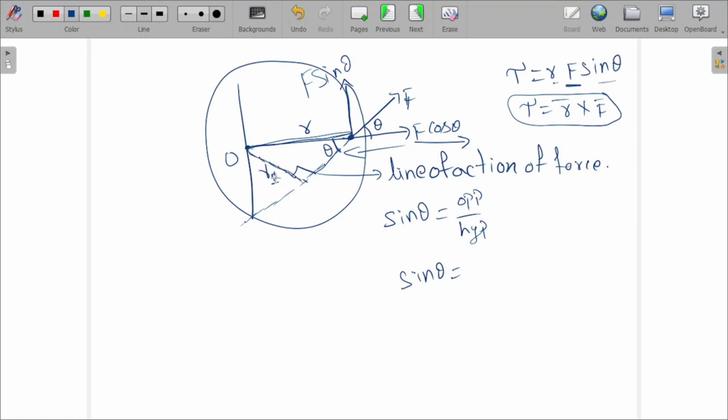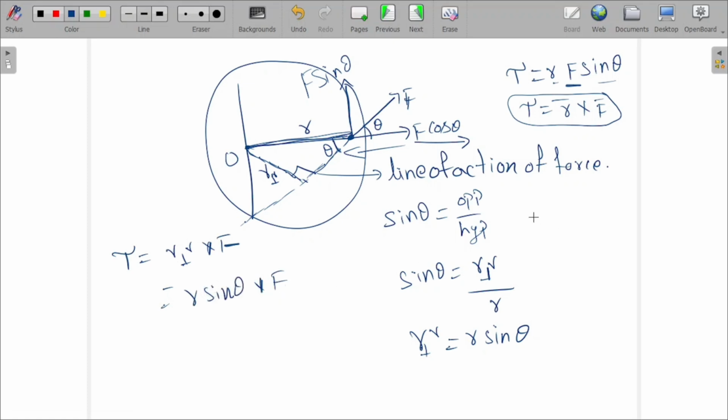What is the opposite side to theta? It is R perpendicular, and the hypotenuse is R. So R perpendicular equals R sine theta. So torque will be written as perpendicular distance times force. That perpendicular distance is R sine theta, times F. So the main formula is torque equals RF sine theta.